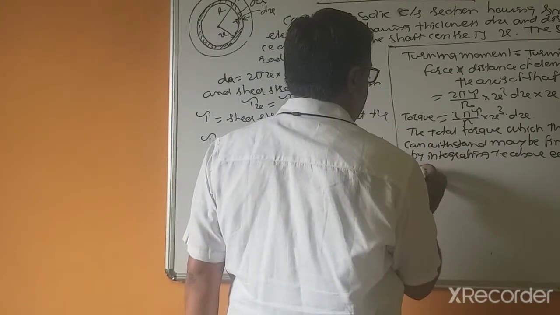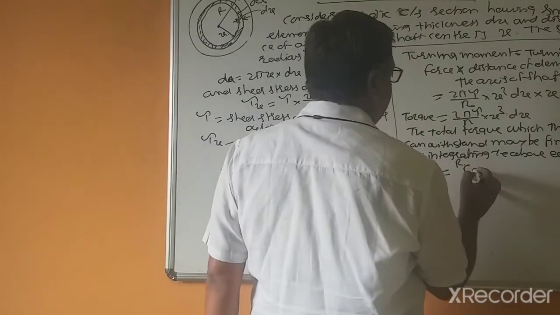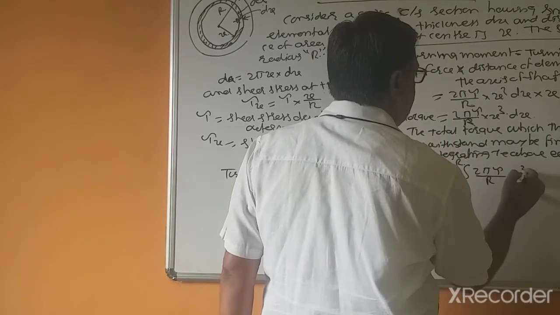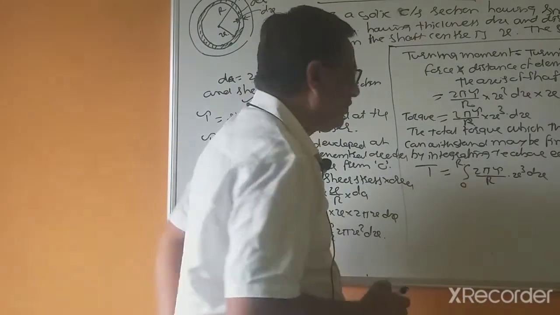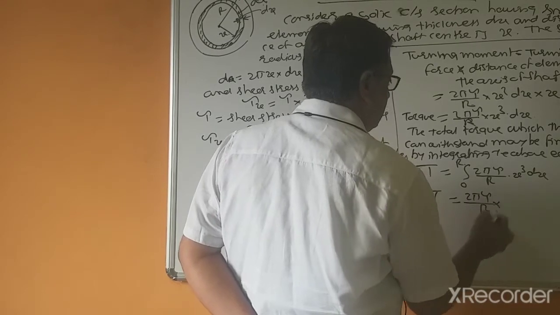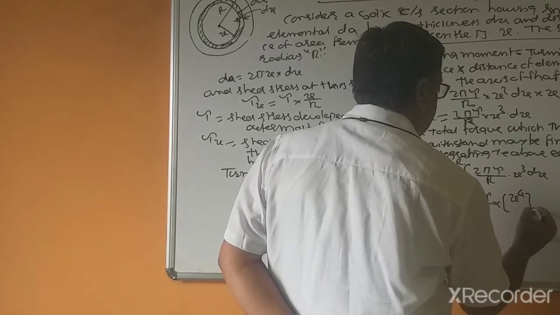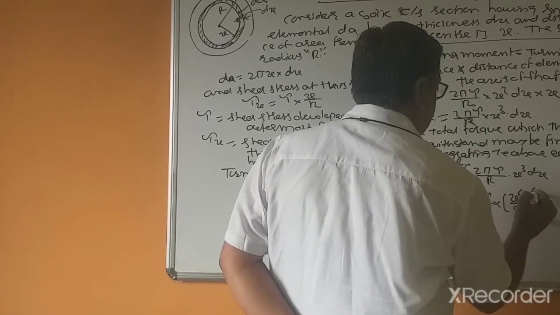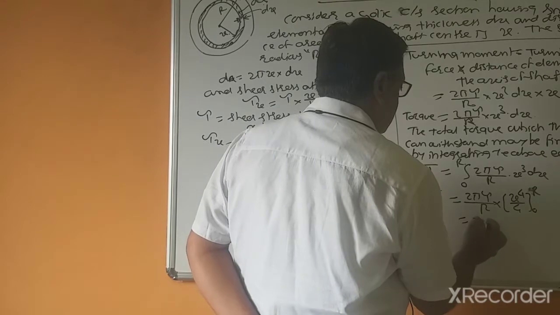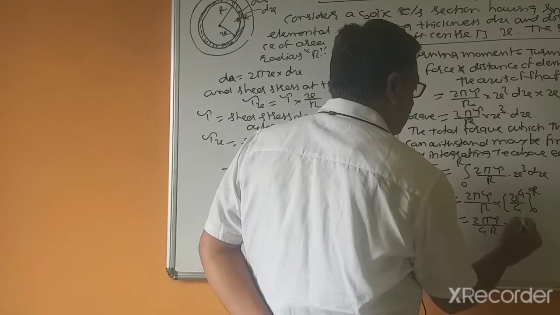So total torque T equals integral from 0 to R of 2 pi tau divided by R into x cube dx, which is 2 pi tau divided by R into x raised to 4 divided by 4, from 0 to R. So this is 2 pi tau divided by 4R into R raised to 4.